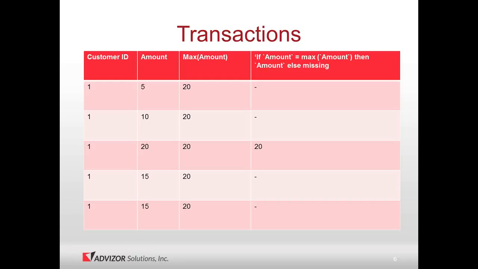For the any, if we did an any based off of amount, then any would pull any one of these amounts into our main customer table. However, as you can see, this is probably not very useful on its own due to the fact that we don't know which one of the amounts that it would pull.